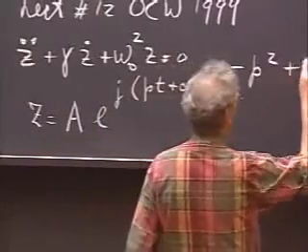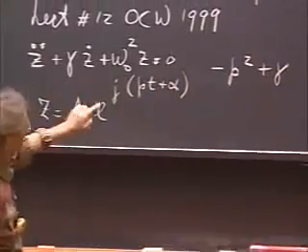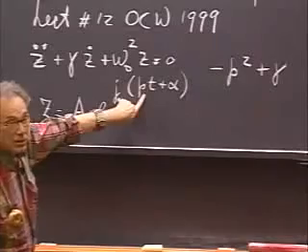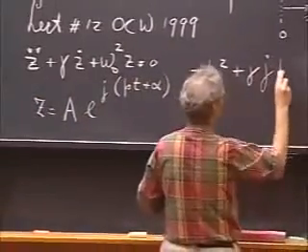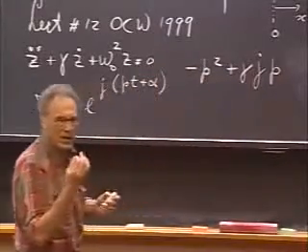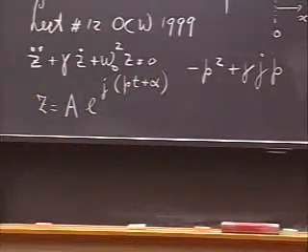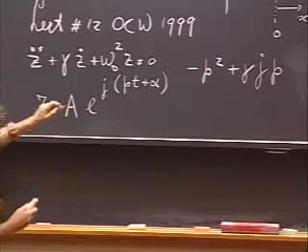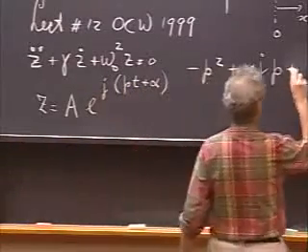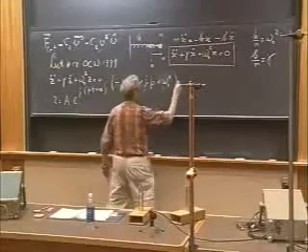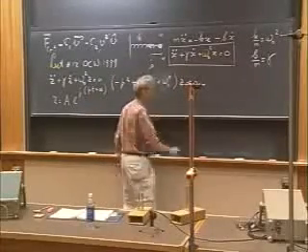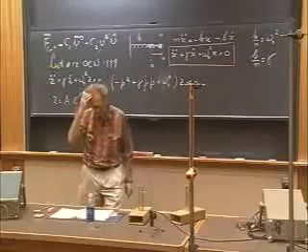Then I have plus gamma, and then what pops out is jp, because it's only the first derivative. You have to be very careful that you can distinguish your j's from your gammas. And then you get plus omega 0 squared, and the whole thing times z, and that must be equal to 0.